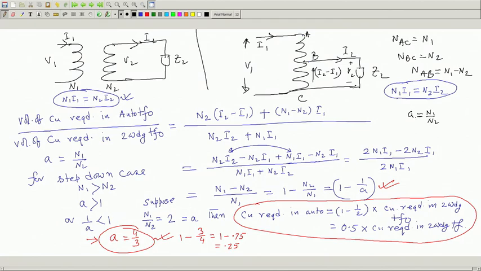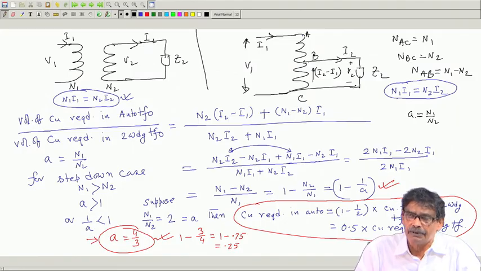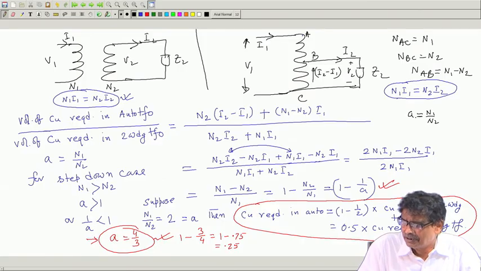And we also showed with some numerical examples that as the turns ratio is close to 1, savings of copper will be more and more, but nonetheless, no matter what this ratio is, either large or small, there will always be savings of copper.